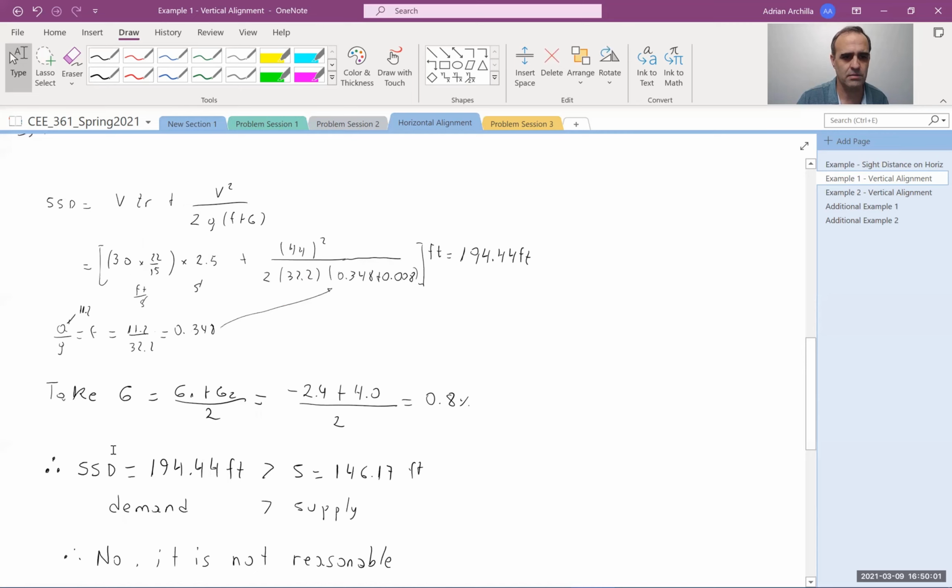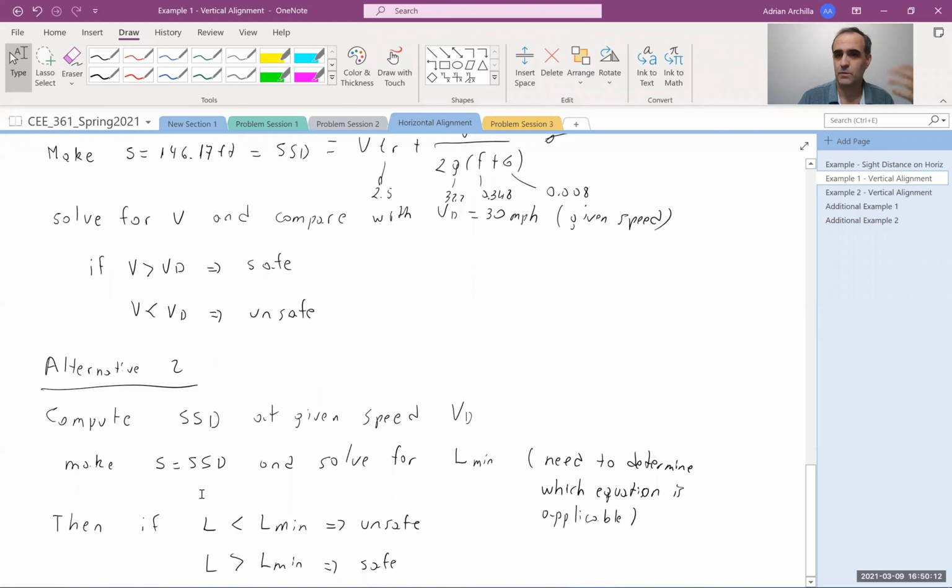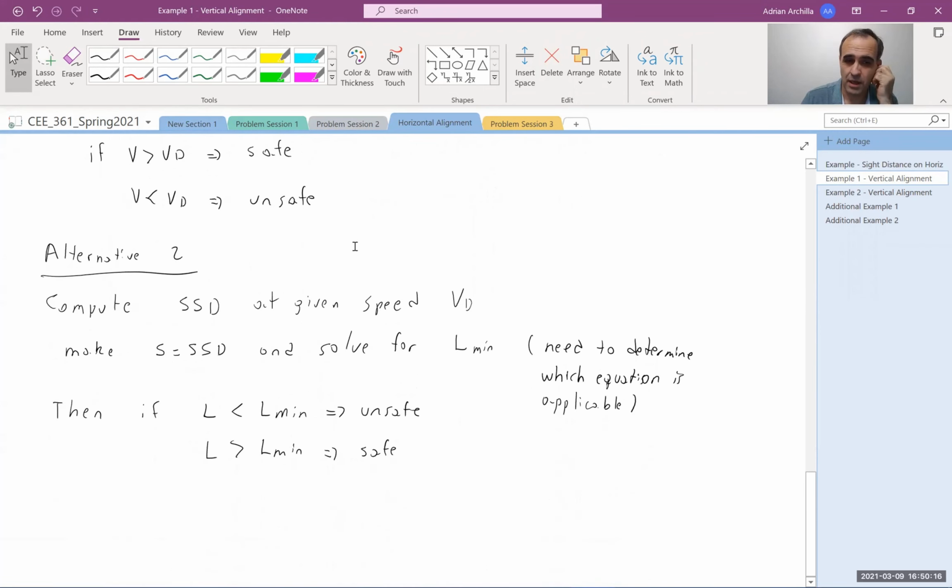That value, I'm going to make it equal to S, which is the sight distance supplied by the curve, which I'm assuming I don't know. So I make that equality.